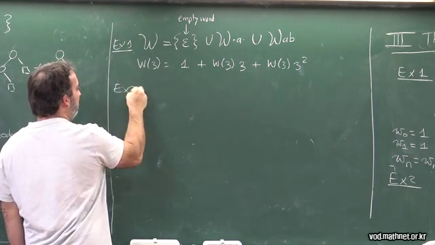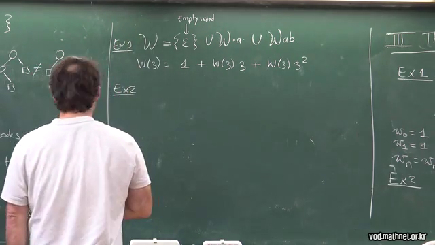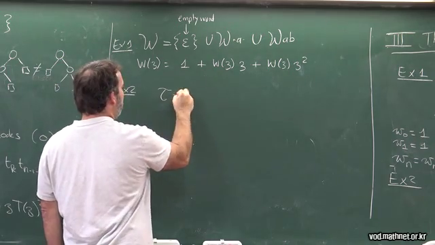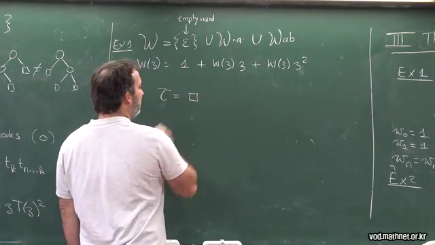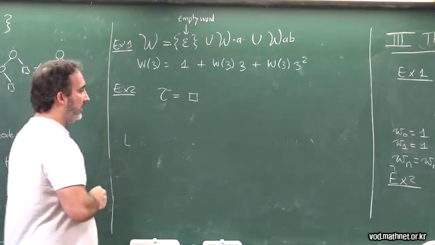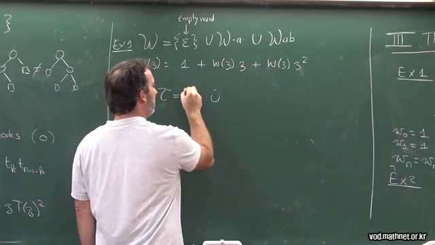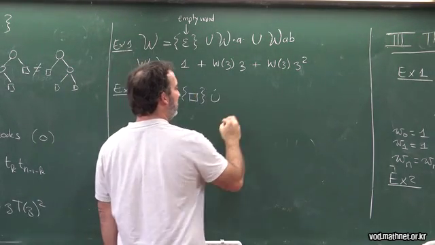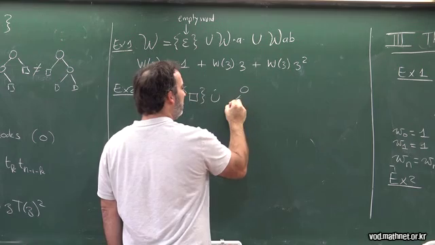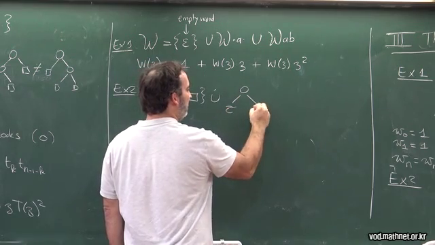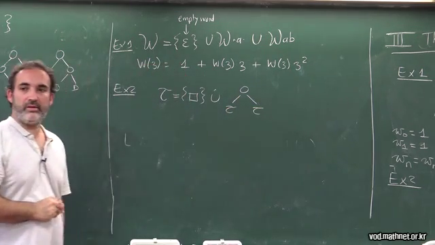And as for example 2, I will write this informally as follows. A tree is either just a leaf, or you have an internal node, and then on the left and on the right you have a tree, right?